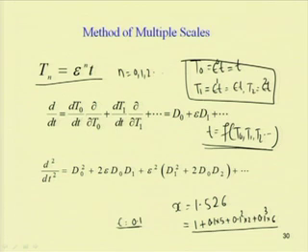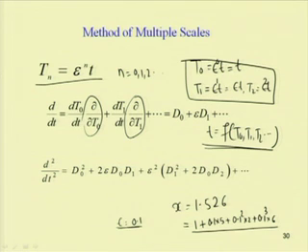In this way, by substituting del by del t0 as D0, del by del t1 as D1, and del by del t2 as D2, one can write this equation in this form. Here dt0 by dt equals 1, since t0 equals t. Similarly, dt1 by dt equals epsilon.